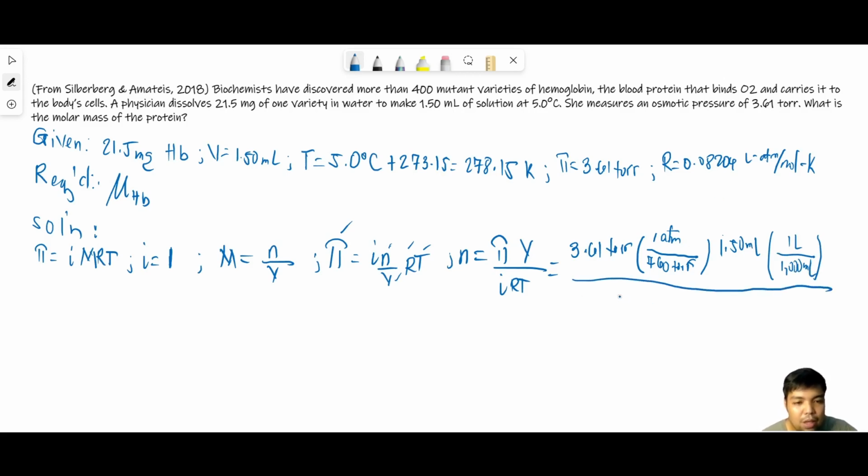Next, we divide this with our universal gas constant, liter atmosphere per mole Kelvin, multiplied by our temperature, which is 278.15 Kelvin.